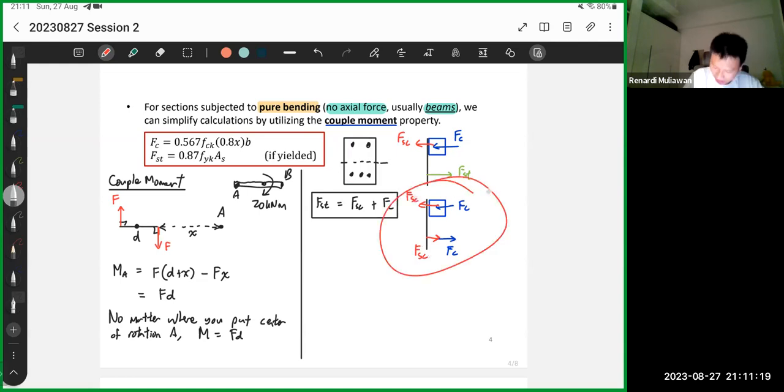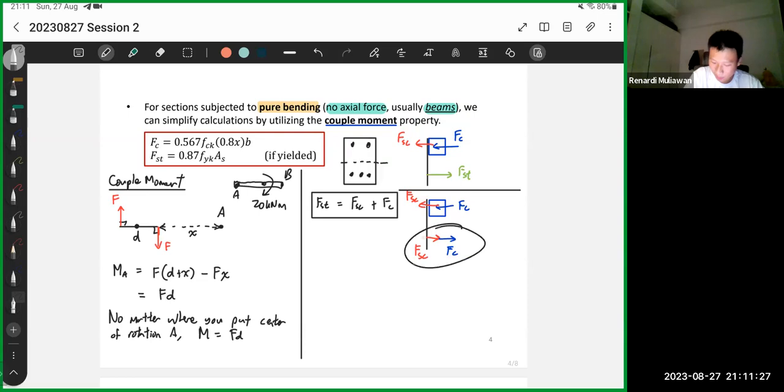This is actually the same as this for pure bending, because FST is just the combination of the two. So if you notice, we have two sets of couple moments, one going right, one going left, correct? The first couple moment is FC, the second couple moment is FSC.